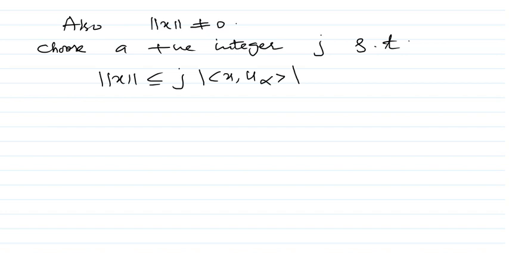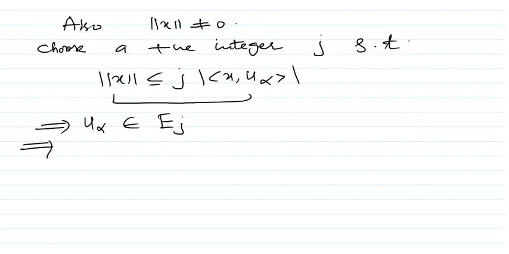But this is the condition for the elements of E_j actually. So this means U alpha belongs to some E_j. So any member of the set belongs to some E_j, which means that U alpha belongs to the union of E_j, j runs from 1 to infinity.